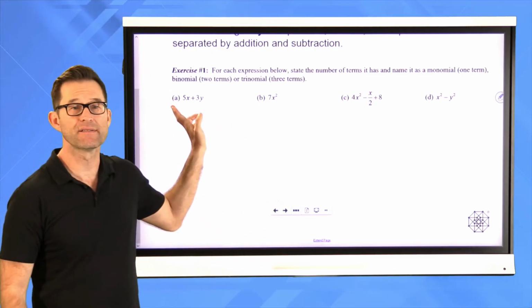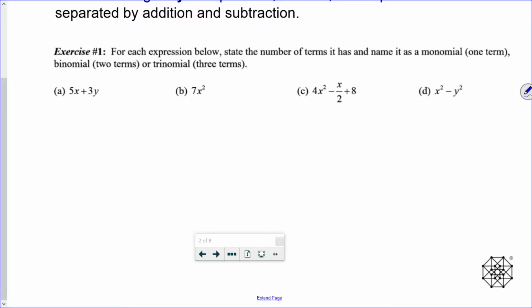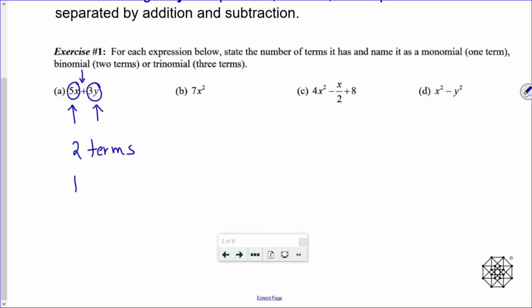In letter A, let's take a look. All right, so what do we have in letter A? When we look at this expression, what we have is 5 times x, 3 times y, and then we've added them, right? And the key here is that we've got a term here and a term here. So this is 2 terms, which means it's a binomial, right?